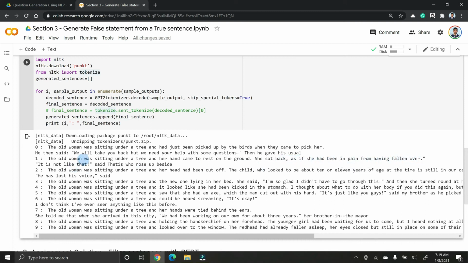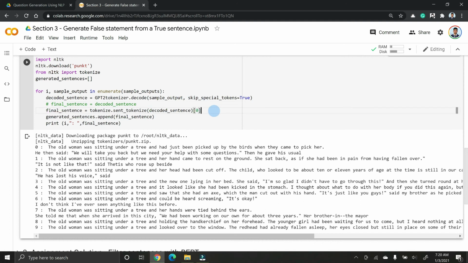So one thing is that once GPT-2 generates some long paragraph, again we want to split that long paragraph into sentences and keep only the first sentence. So we are going to use NLTK.